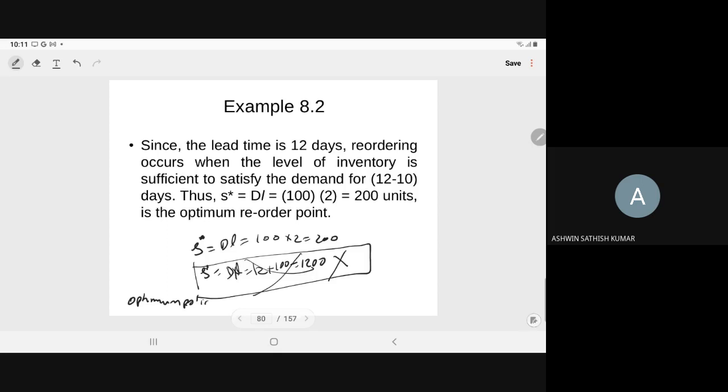Optimum policy is to reorder when the inventory level is at 200 units and one order is pending. When one order is pending, then you have to reorder.